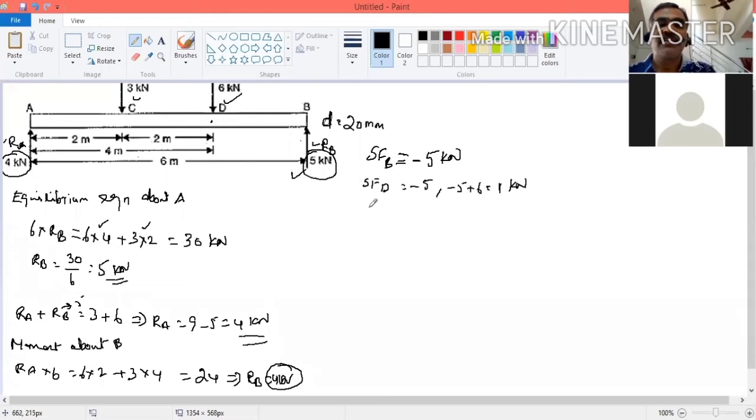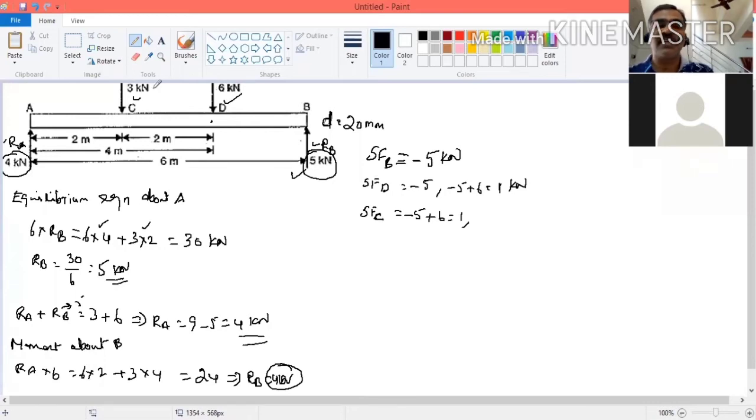Then shear force at point C. What is the shear force at point C? This is upward, minus 5. Here also, with this force and without this force, you have to calculate both. Minus 5 plus 6, this is plus 1. This 1 kilonewton will come up to this point.